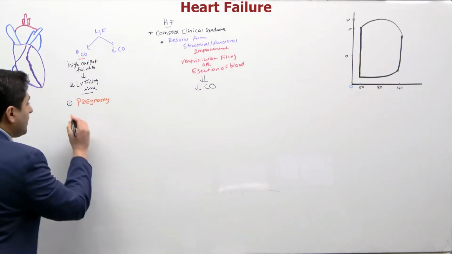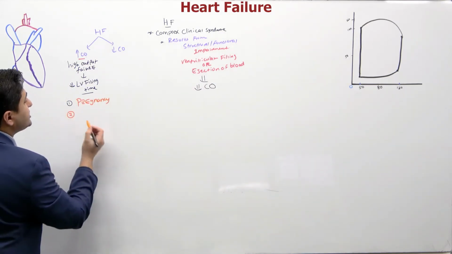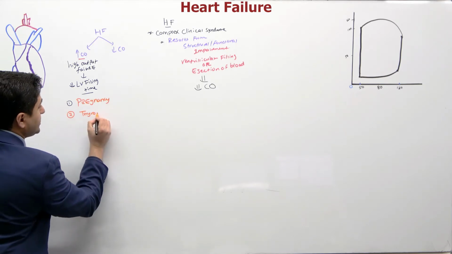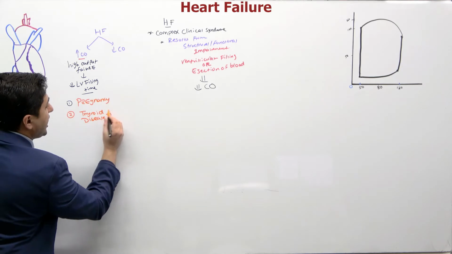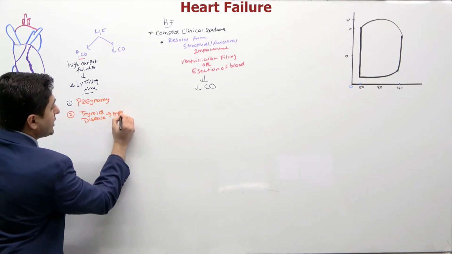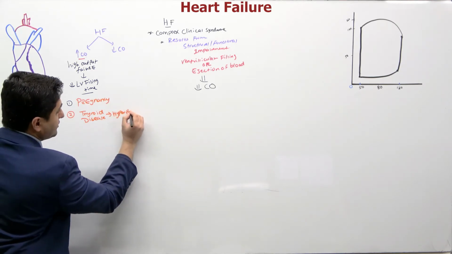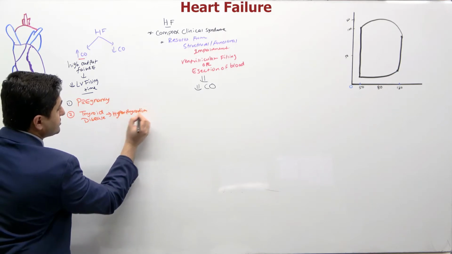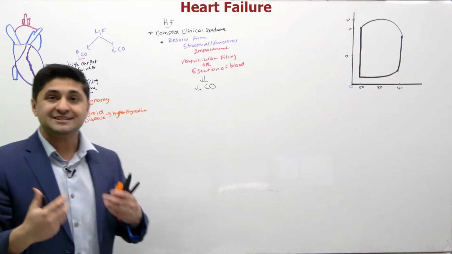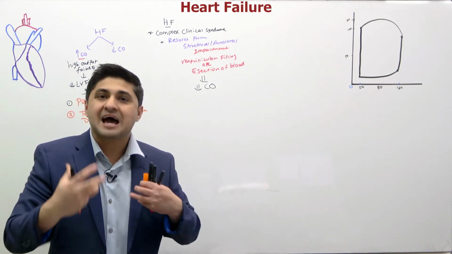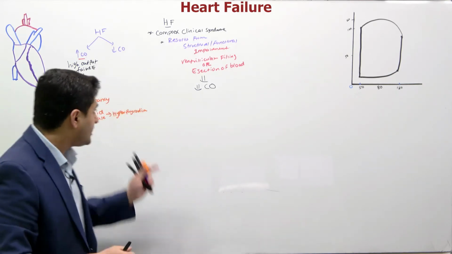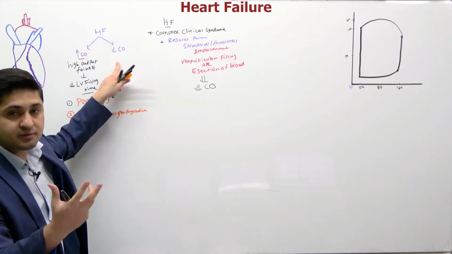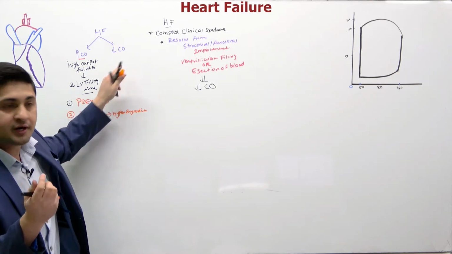On top of this, there's thyroid disease, specifically hyperthyroidism or thyrotoxicosis. What happens is there's an increased level of T3 and T4, which means your metabolic rate is a lot higher, your BMR is a lot higher. That is why the heart has to put more blood out.